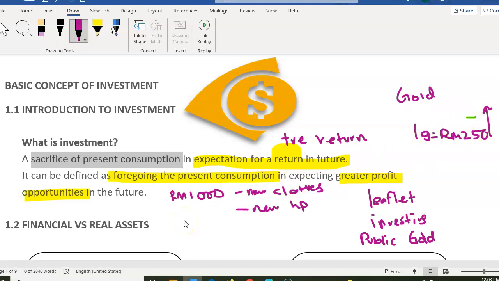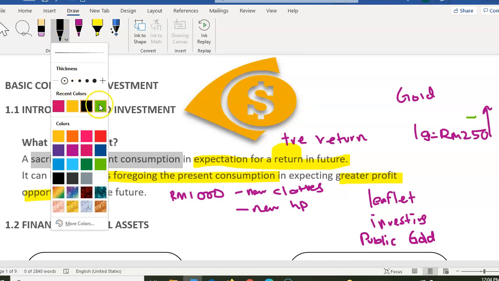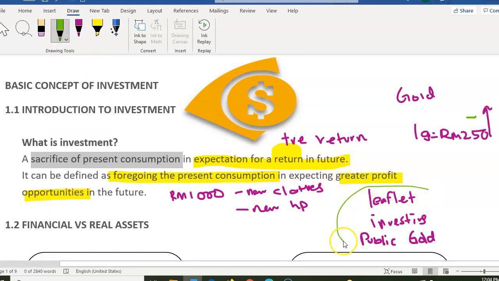So you're really interested in having this investment, and you think twice. New clothes, this one can be forgone. New handphone, your handphone is still okay. So you're thinking, oh, I'm not going to need a new handphone. It's still okay and still can be used, right?